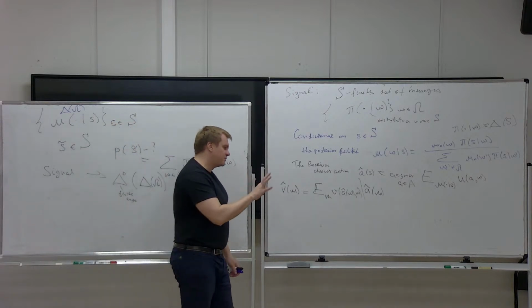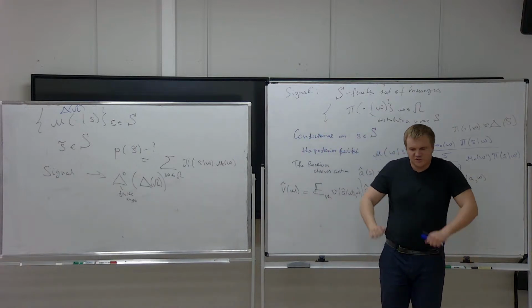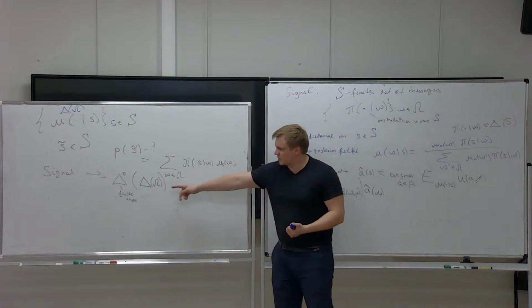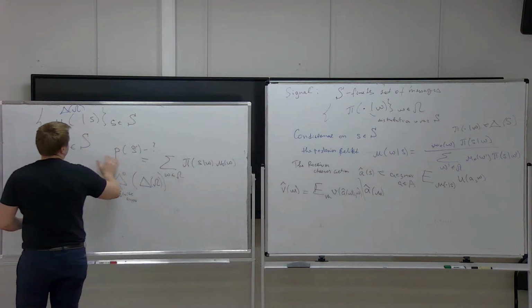To compute this expected value of V, what is the sufficient information? What's the sufficient statistic for me? It's just this element. I just need to know which posteriors and which probabilities.